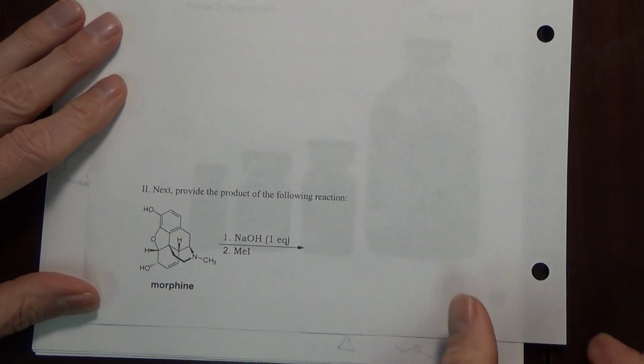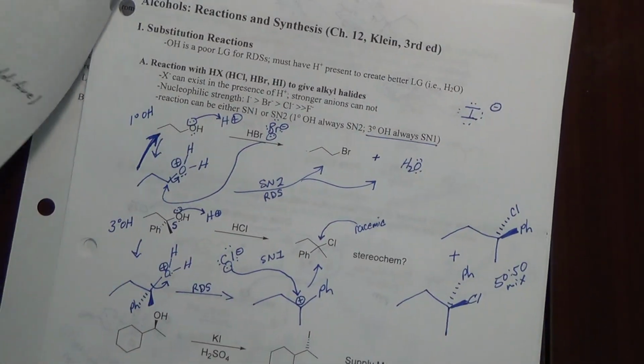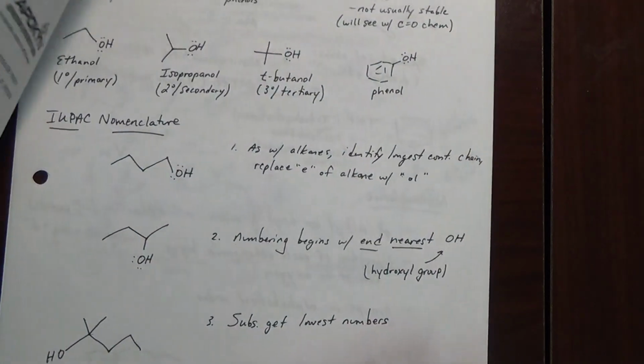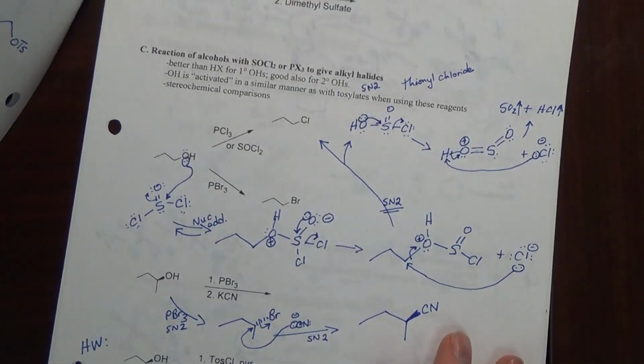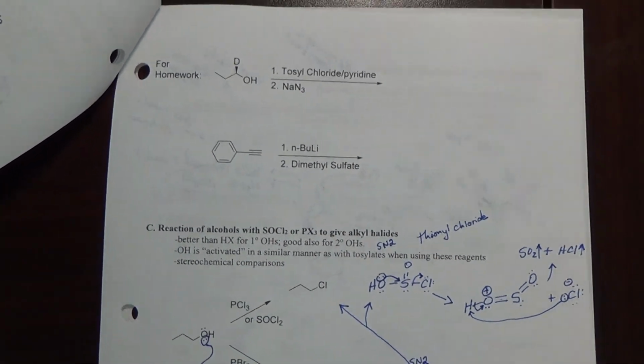This reaction may be in the workbook. Okay, nomenclature. All right, this finishes up this first handout. We'll see what type of questions come up, and we'll do a couple of the homework problems during the lecture time.